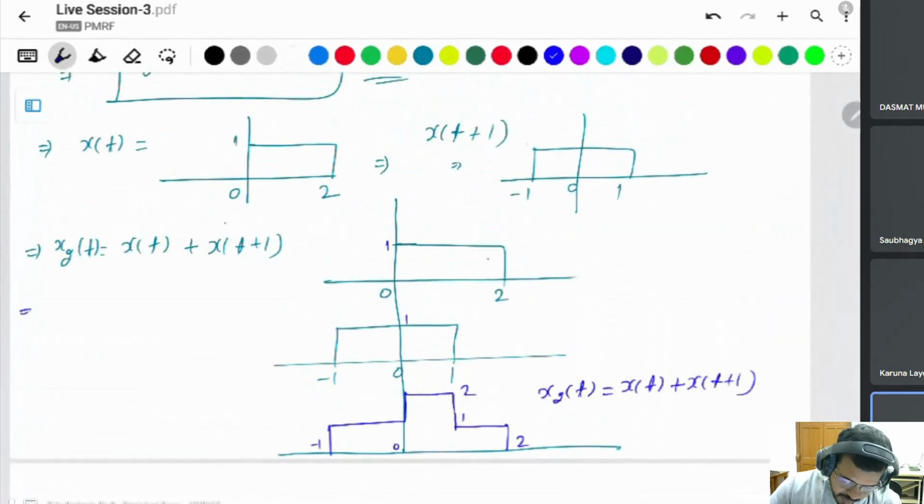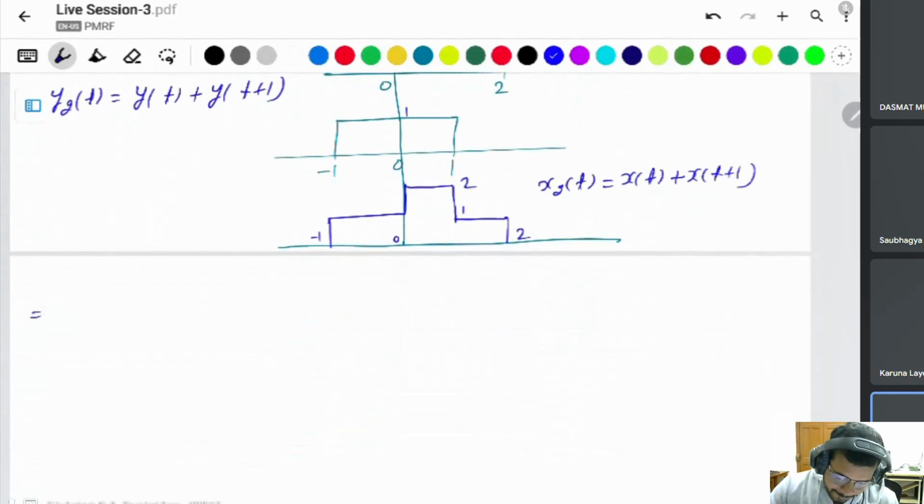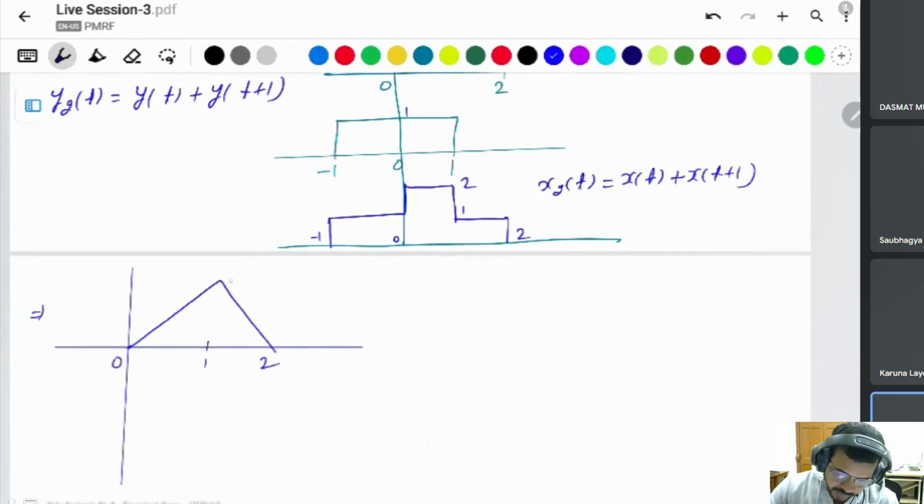Then what is the output? y2(t) is the same as y(t) plus y(t+1). 0, 1, 2, 2. This is y(t). Second, y(t+1).